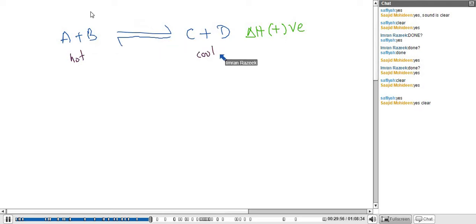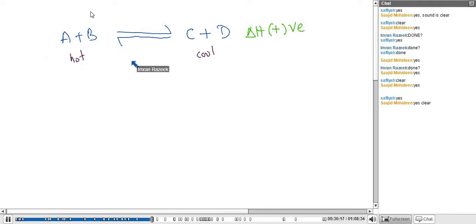So if the forward reaction occurs and C and D are produced, the temperature is dropped because it is endothermic. As a result, the system becomes cooler. The backward reaction will be exothermic, so it becomes hotter, warmer, as A and B are formed.